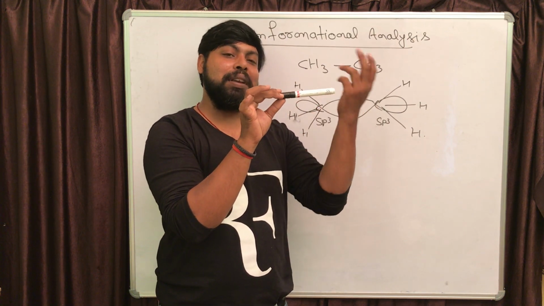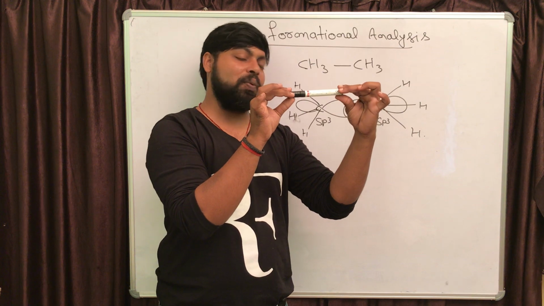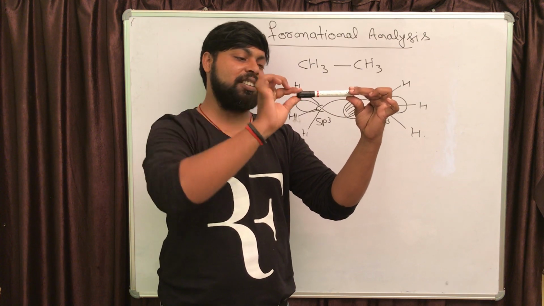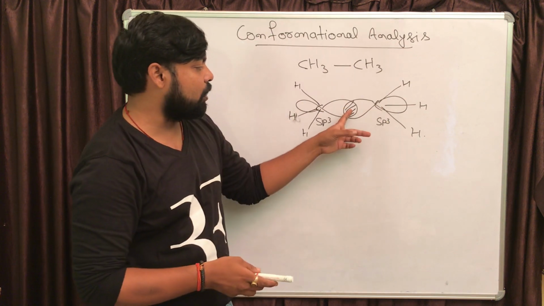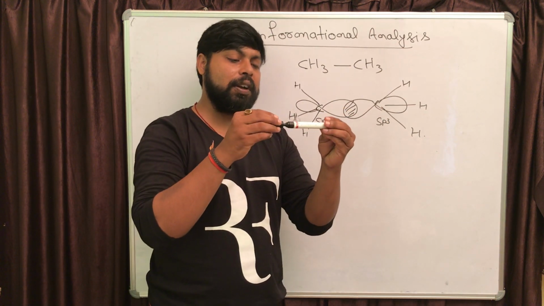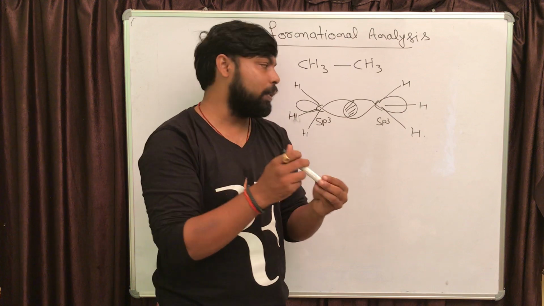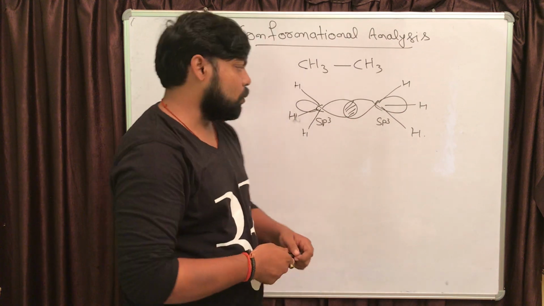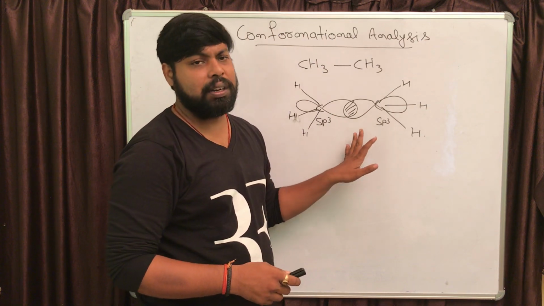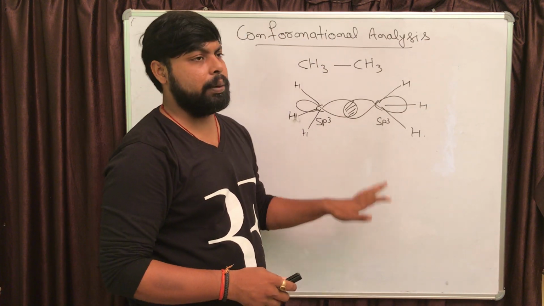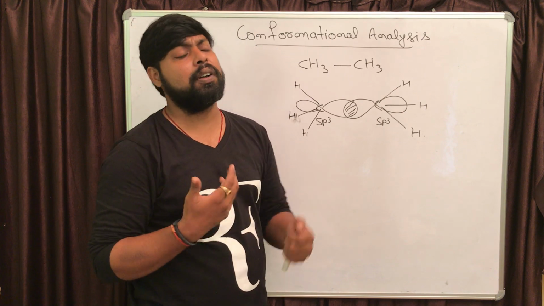Now what do you mean by free rotation? Just hold one carbon atom and start rotating the second carbon atom. While doing so, there is no effect on overlapping, no effect on the volume which is overlapped between two orbitals. So we can say that free rotation is possible around the single covalent bond.